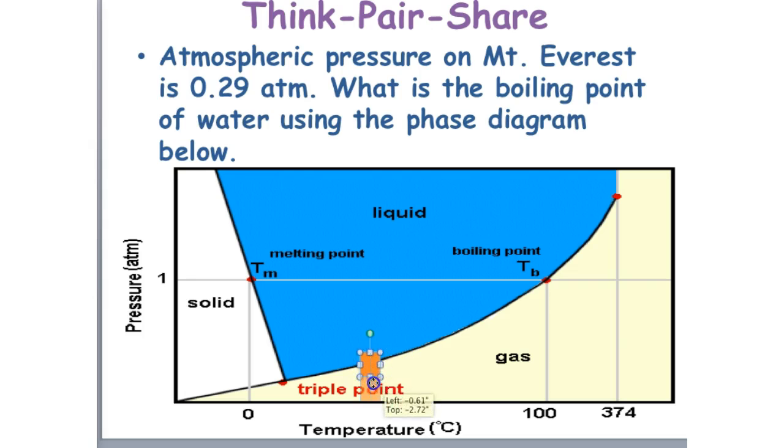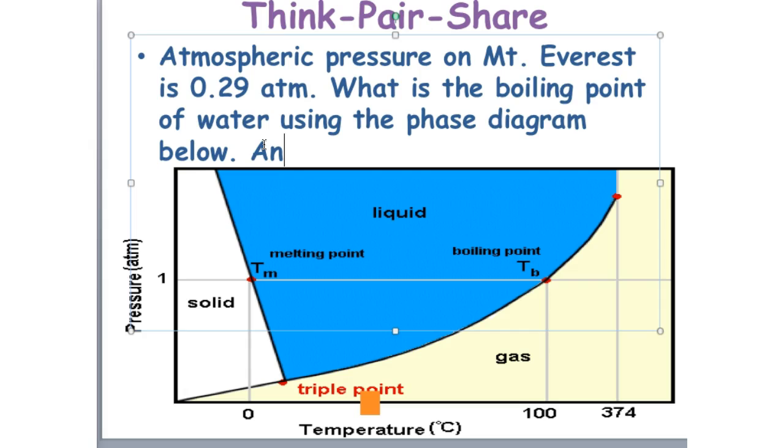So the boiling point at that specific pressure is going to be right here, which I would probably argue to be 40 degrees Celsius. So somewhere around 40 degrees Celsius. So that's what my answer will be.